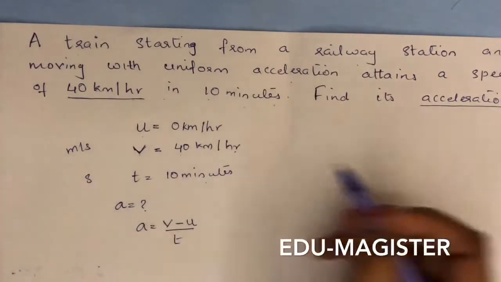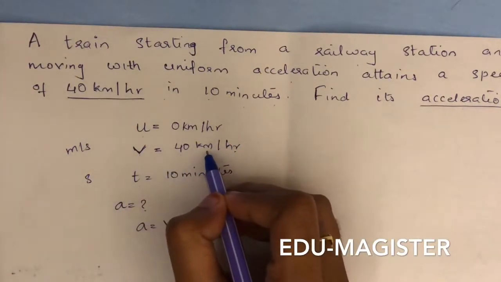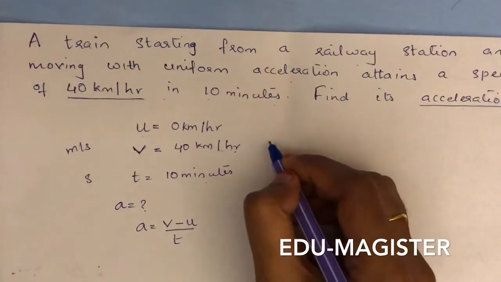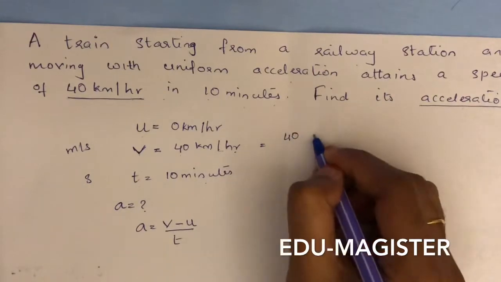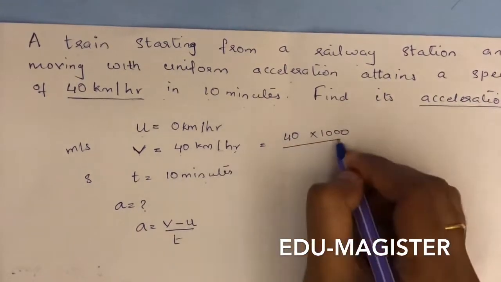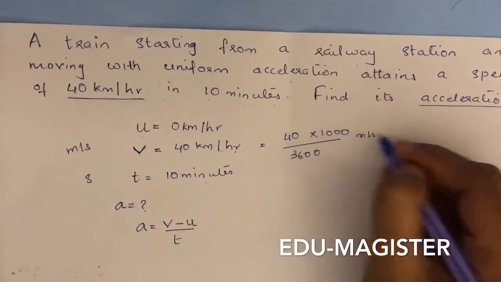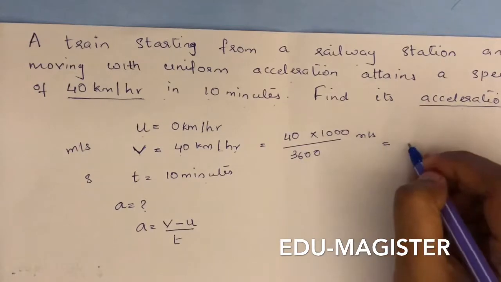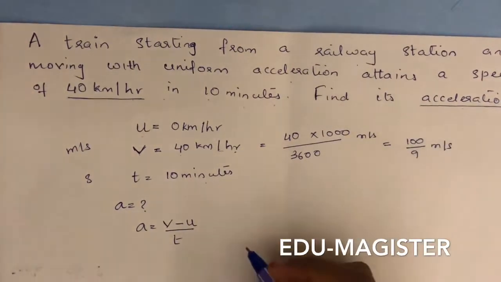Okay, so the conversion of speed from kilometers per hour to meters per second is given this way: 40 into 1000 by 3600 meters per second. If we simplify this, we'll get it as 100 by 9 meters per second.